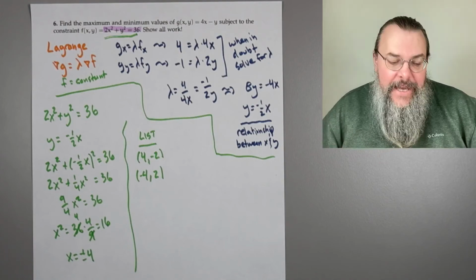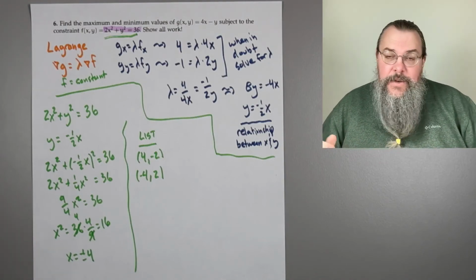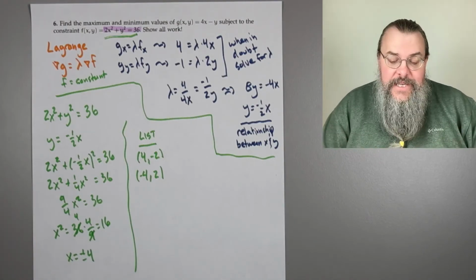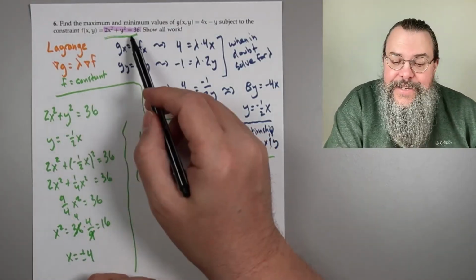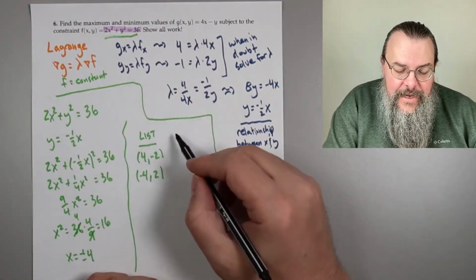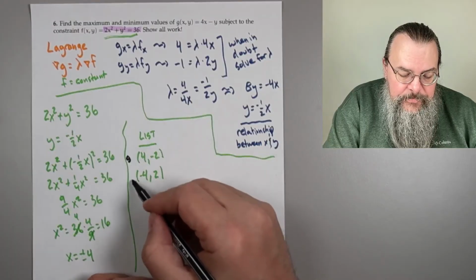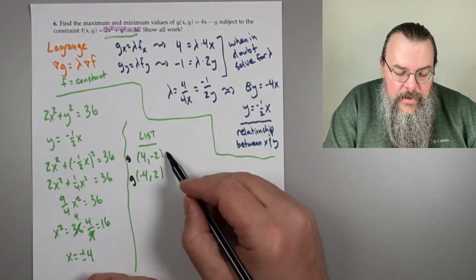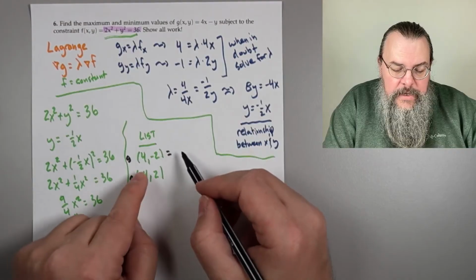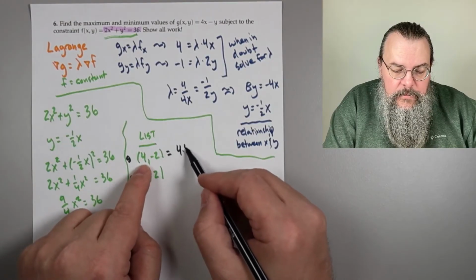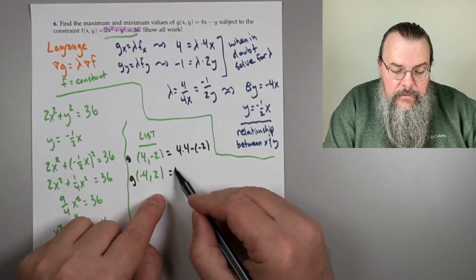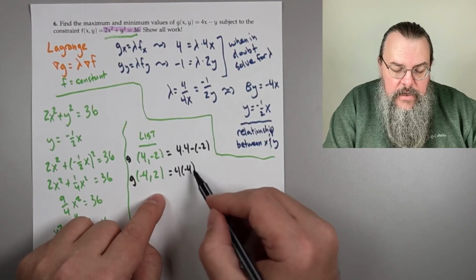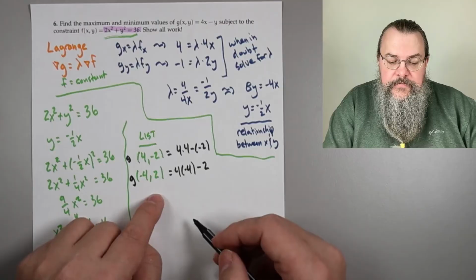Okay, now that we have that, what do we do with this? We plug in. So plug into not our constraint, but our function. So now we're going to look at g. Well, we're going to get 4 times 4 minus minus 2. And here we're going to get 4 times negative 4 and subtract 2.